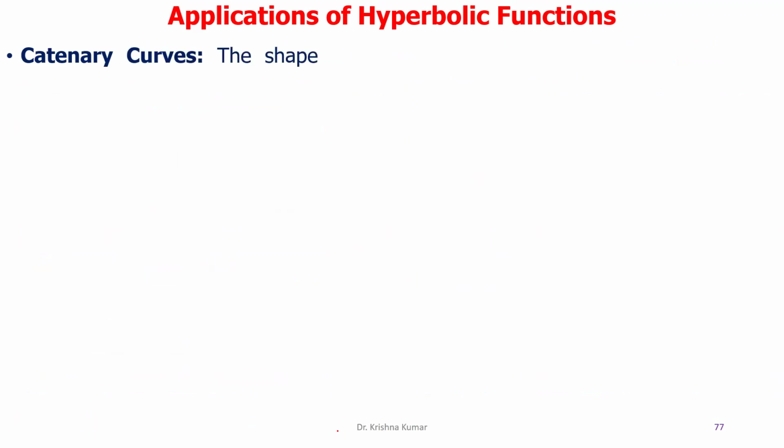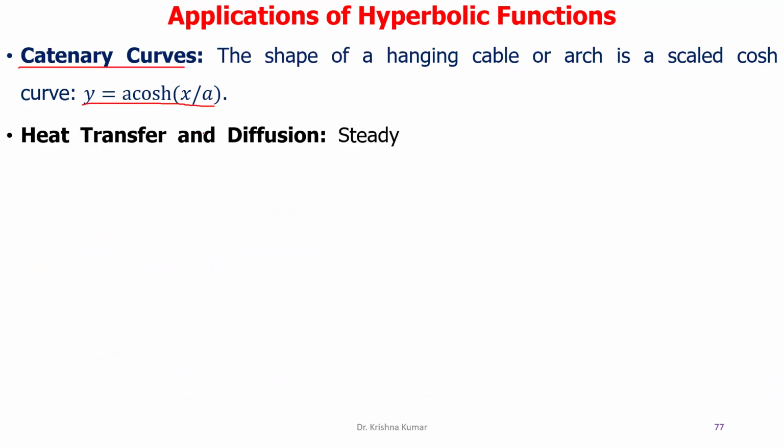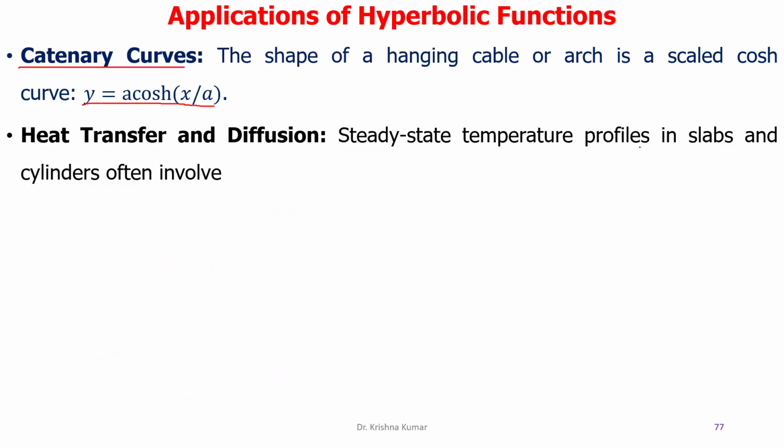First, use in the catenary curve, which was the origin of hyperbolic functions. The shape of a hanging cable or arc is a scaled cos hyperbolic curve, which is given by y equal to a cos hyperbolic x by a. Similarly, in heat transfer and diffusion, steady state temperature profiles in slabs and cylinders often involve cosine hyperbolic and sine hyperbolic terms.